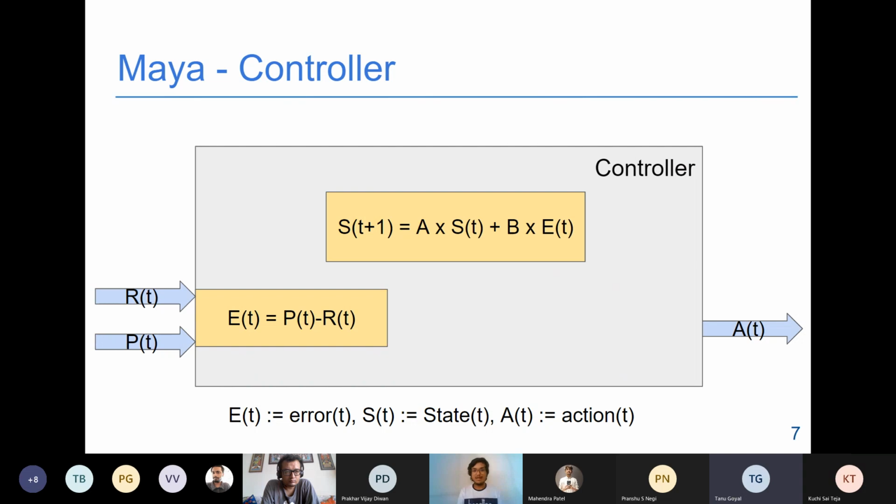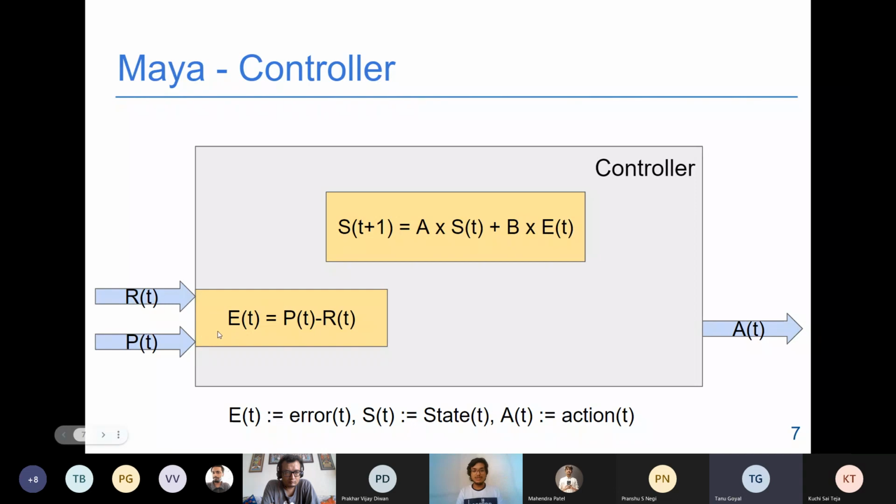Now let's dive into the controller and understand what it looks like. The controller is a state machine and it maintains an internal state denoted by capital S. At every time step you have two inputs, capital R and capital P. Capital R is the target power, capital P is the measured power.